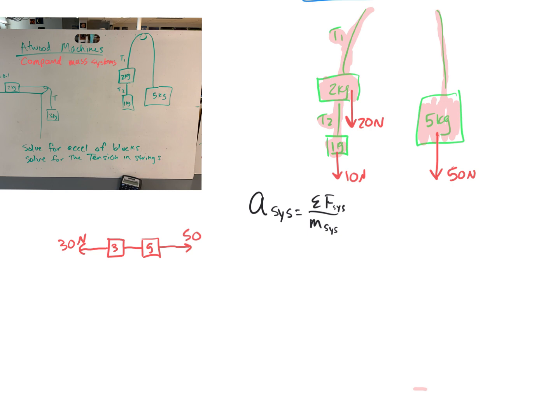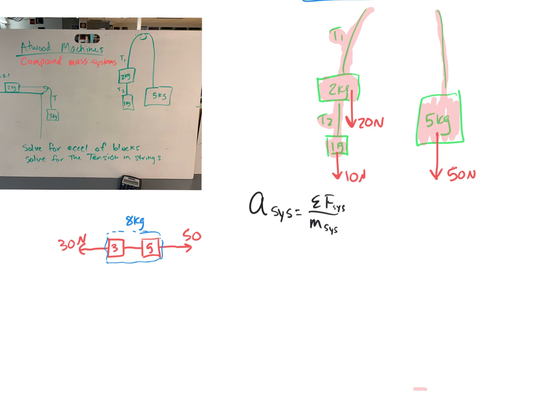This combined amount of mass of 8 kilograms is having a tug of war on it. This 8 kilogram total system mass is getting pulled with 50 one way, 30 the other way. And so there's a net force of 20 newtons on this 8 kilograms of mass. That is what's happening for my whole system.